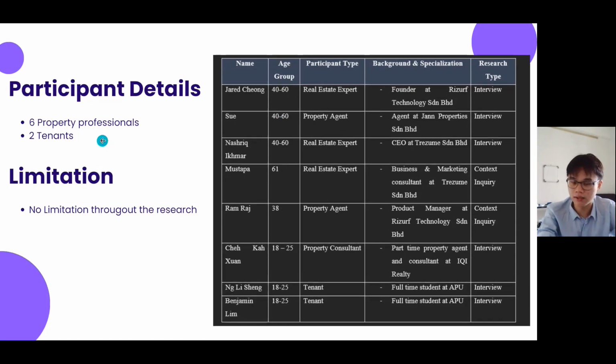We collected data from 6 property professionals and 2 tenants overall. Although it doesn't seem like a lot, the information they provided is very rich and very important. Throughout the whole survey, we didn't face any difficult issues or particular problems, so the limitation is none.